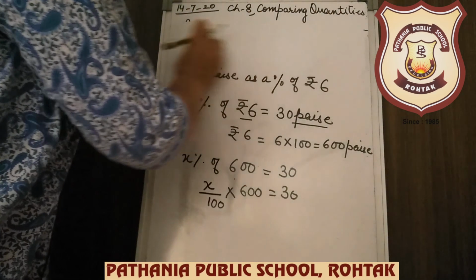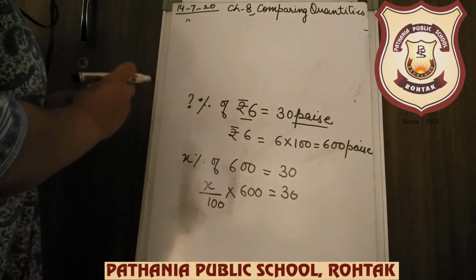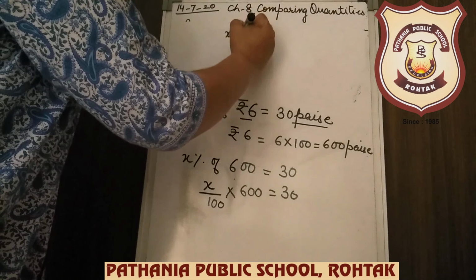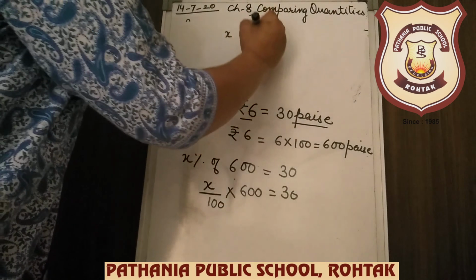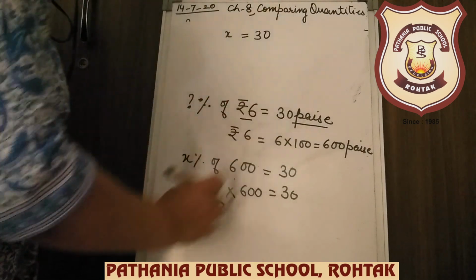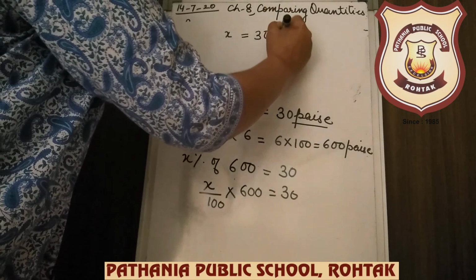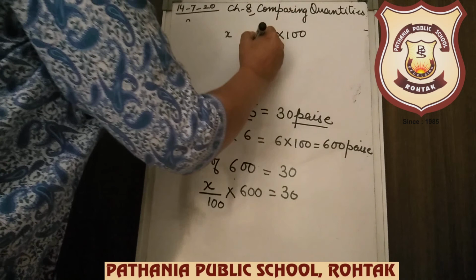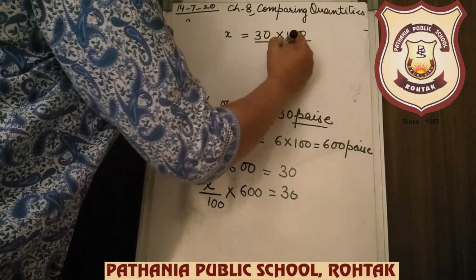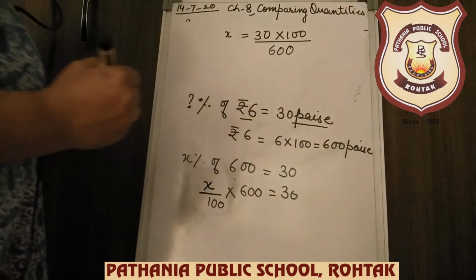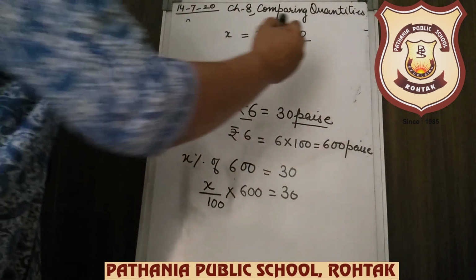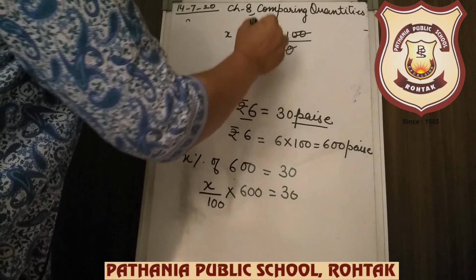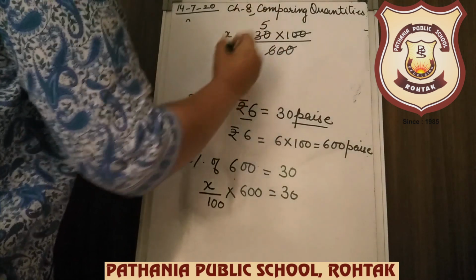So, keeping x on the left hand side, take the rest of the things on the right hand side. 30, 100 is divided here, so it will be multiplied. 600 is multiplied, it is in the numerator, so it will be divided, or in the denominator. Now these two zeros get cancelled and 6 5s are 30.